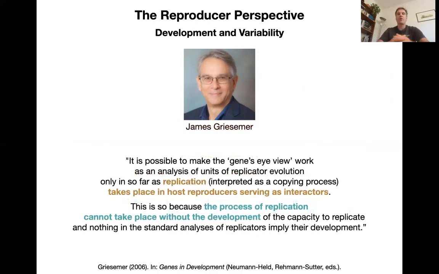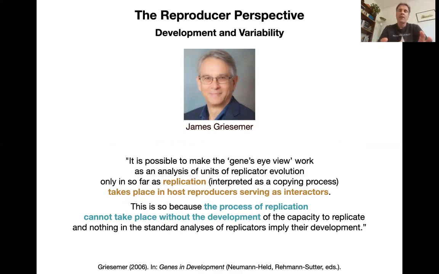So let me give you a quote from James Griesemer at this point. It is actually possible to make the gene's eye view, Dawkins' view of the replicator, work as an analysis of units of replicator evolution, but only insofar as replication, interpreted as a copying process, takes place in host reproducers that serve as interactors.